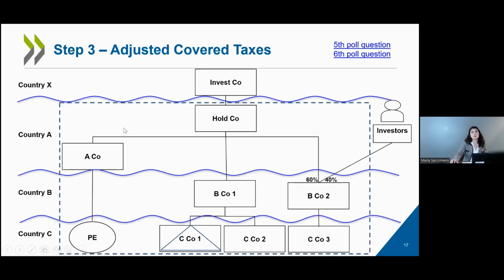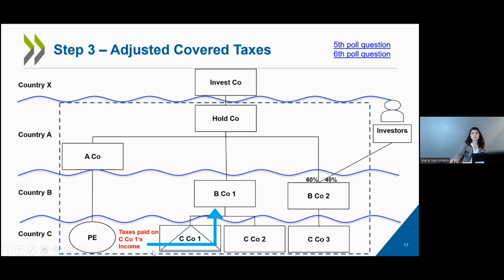Okay, so we move to this slide where the general structure we have seen is represented, just to mirror how the rule works here. SICO1 is a flow-through entity, so it is seen as transparent by BICO1.